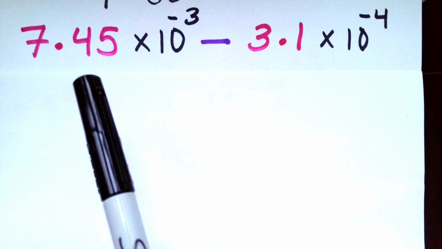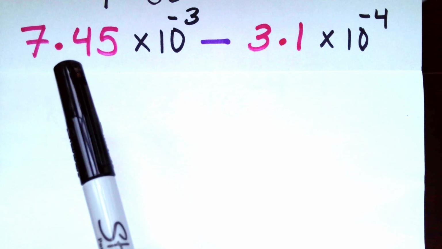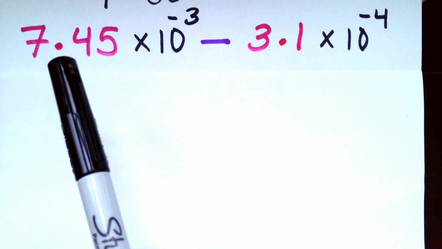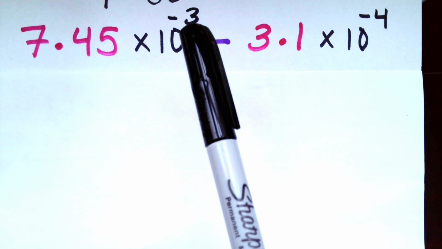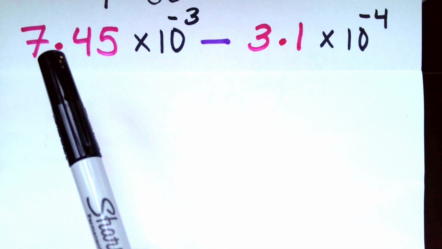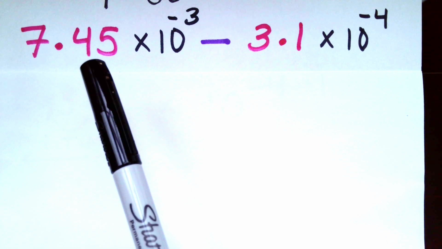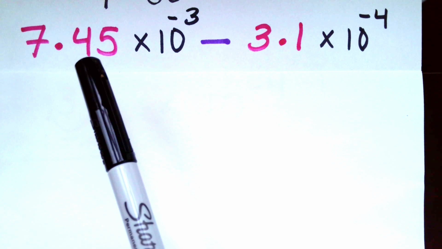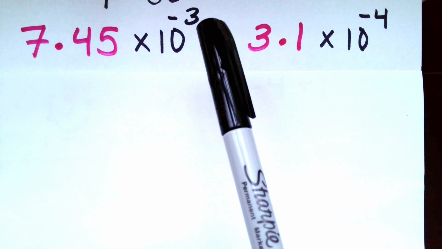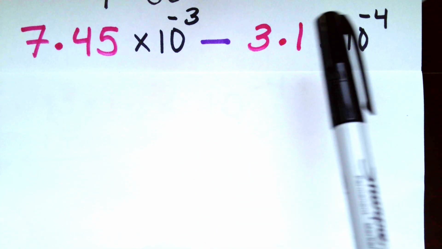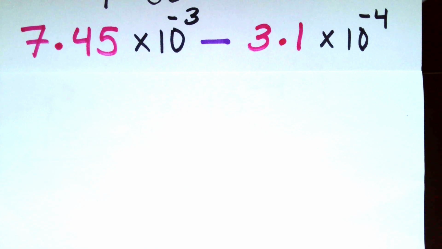Or I could take this decimal here, and if I move this decimal to the left, negative 3 plus 1 is a negative 2, so I'm going the wrong direction. I'd want to take that decimal, move it to the right in order to add another negative. Negative 3 plus a negative 1 would give me negative 4. So those are my options. Which would you have chosen?